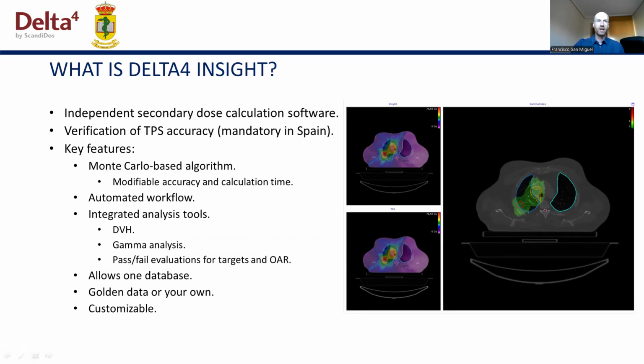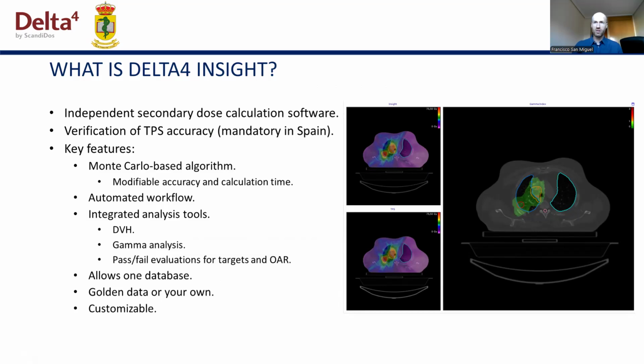So, okay, let's start. What is Delta4 Insight? It's a software module for independent quality assurance of radiotherapy treatment plans, which recalculates the 3-dimensional dose distribution that a treatment planning system predicts using its own Monte Carlo dose engine.